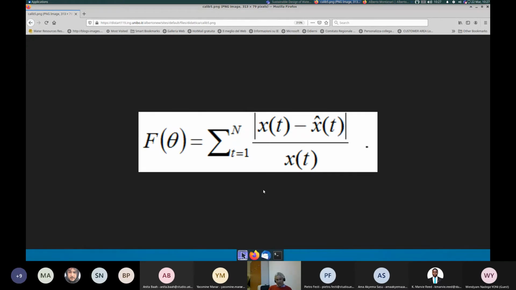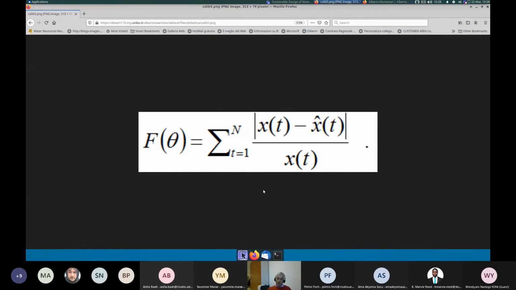Basically, I minimize the sum of absolute errors divided by each observation, which, if you think of it, the larger the xt at the denominator, the lower the emphasis.